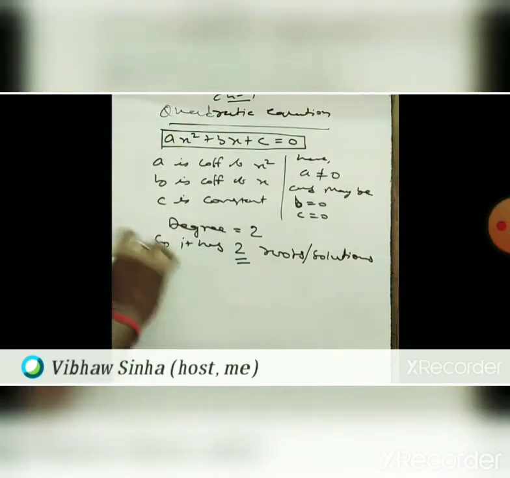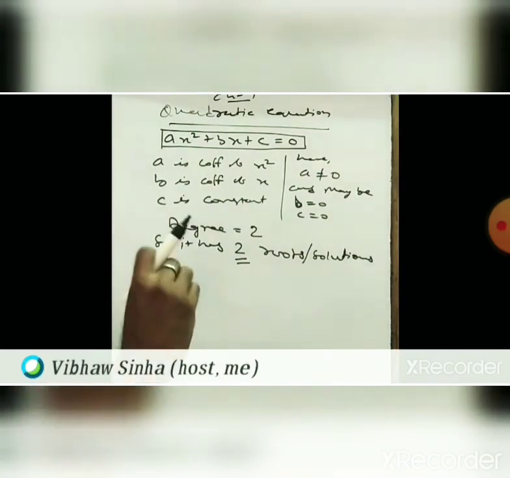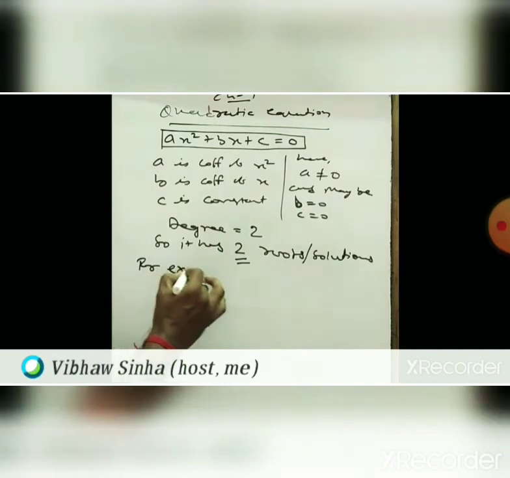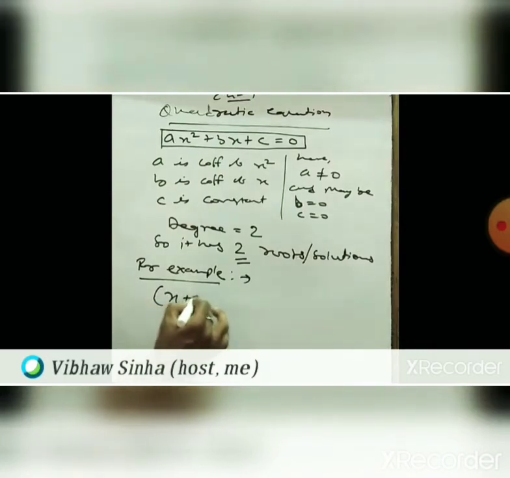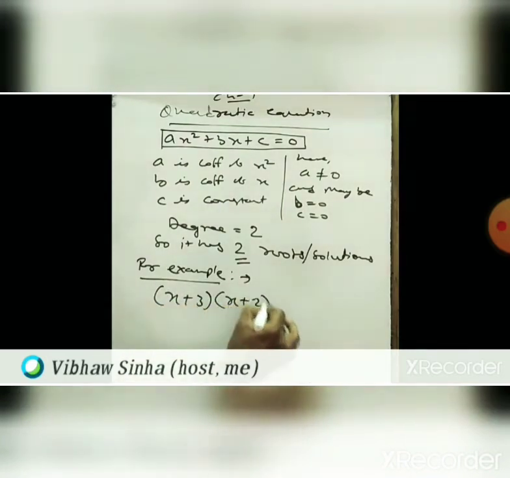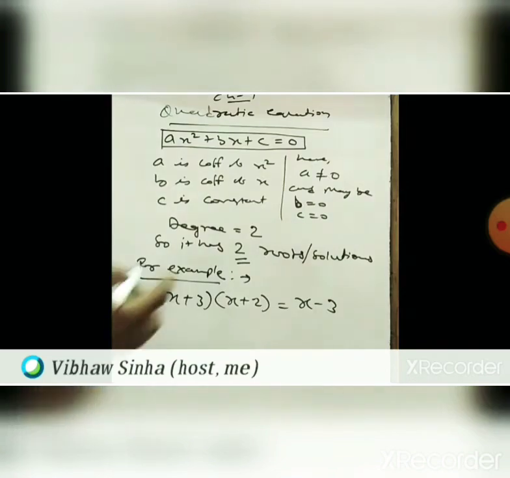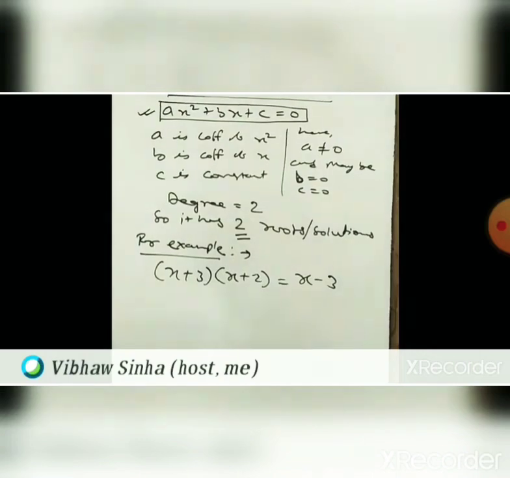Now, first of all, you should recognize whether the given expression is in the form of a quadratic equation or not. Therefore, take an example: (x plus 3)(x plus 2) equal to x minus 3. We have to check whether it is in the form of a quadratic equation or not. Therefore, you solve it and see whether it is in the form ax square plus bx plus c equal to 0.